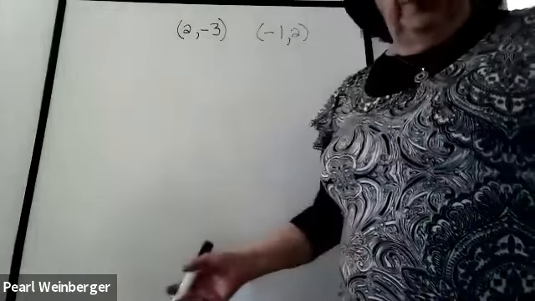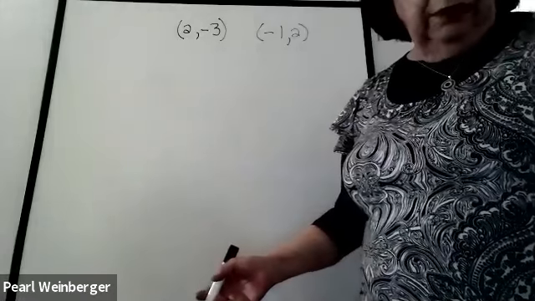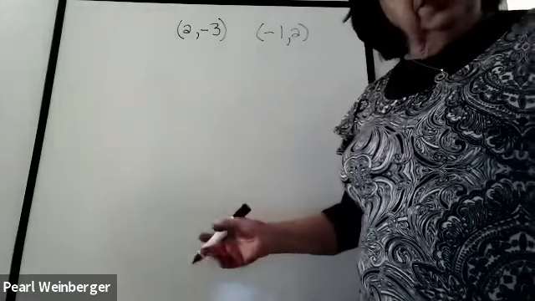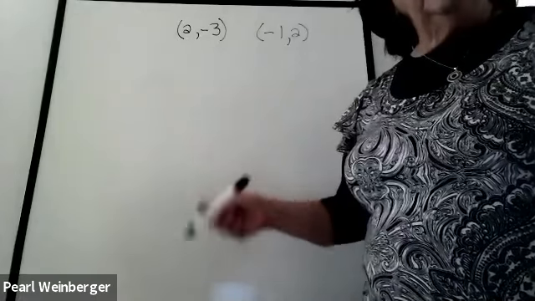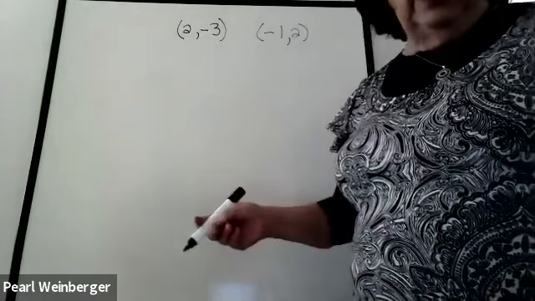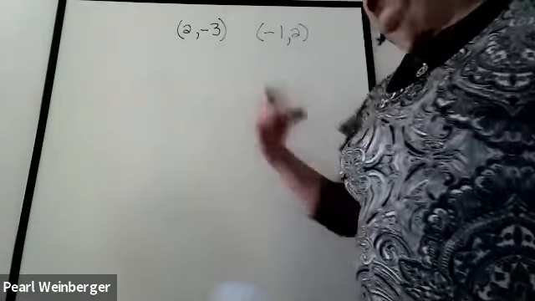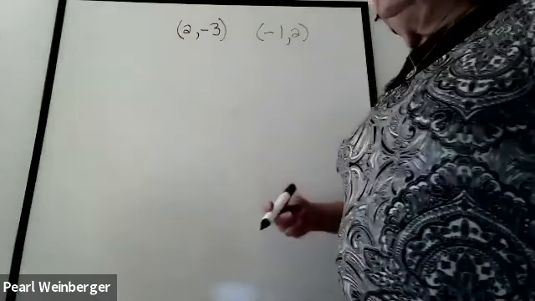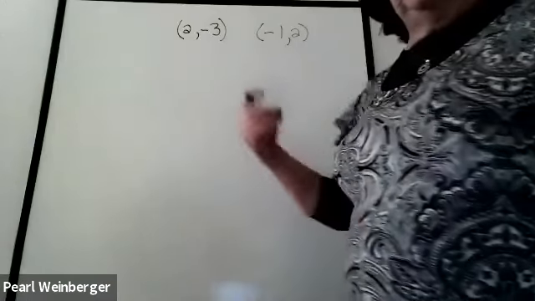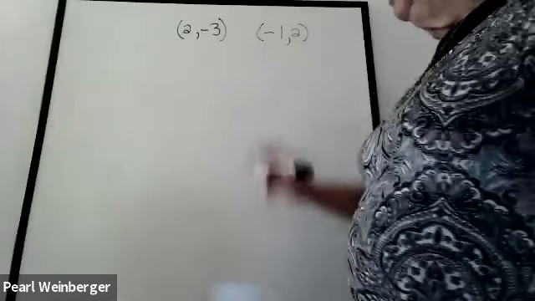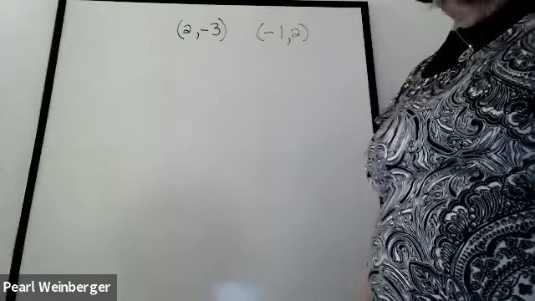If you have 2 points, you should be able to draw the line. I want to draw this line, and then find the slope of the line. Next time we'll learn not only to find the slope of the line, but how to write the equation of the line. But now we're just going to write the slope of the line.